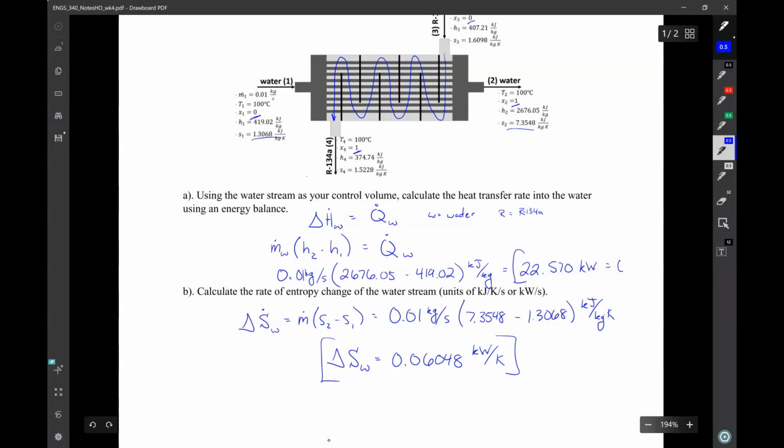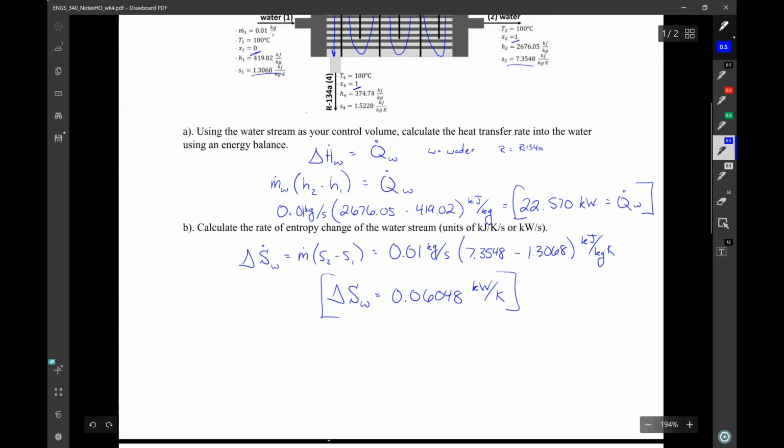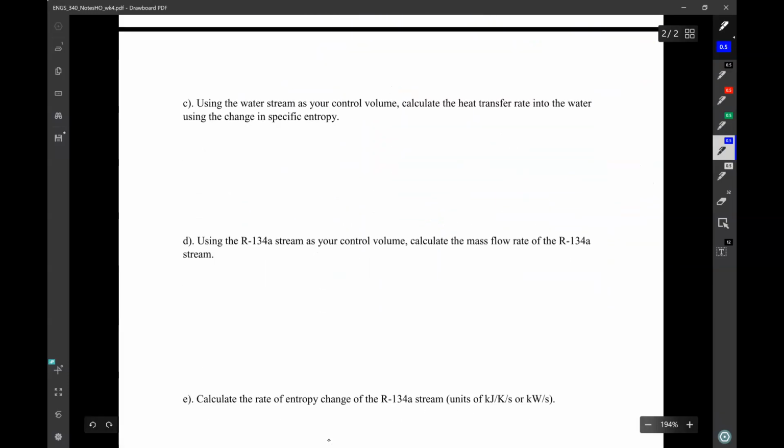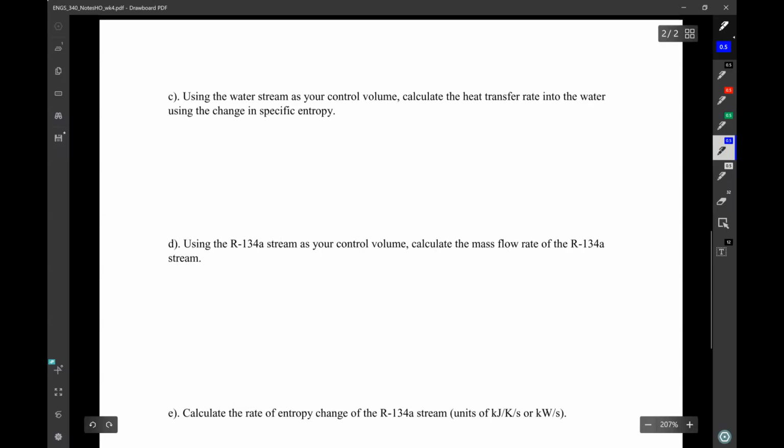This is equal to Q dot of the water. All right, fairly straightforward. We can again use the water as our control volume. And we can also calculate the heat transfer using the change in specific entropy.